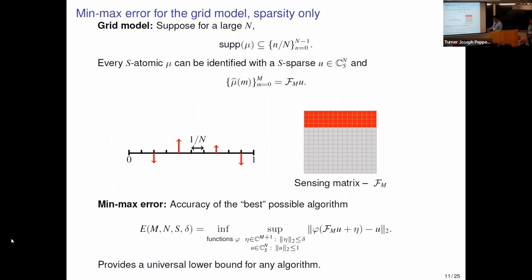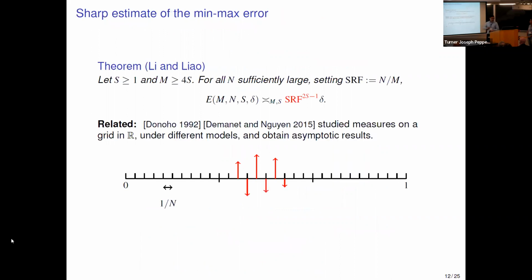So this is the max error. And if we take the infimum over all possible functions, this is what's referred to as the min-max error, okay? And this is a very strong lower bound for any algorithm. This is the error incurred by the best possible algorithm with infinite computational resources. So no algorithm can perform better than this min-max rate with respect to this error function.